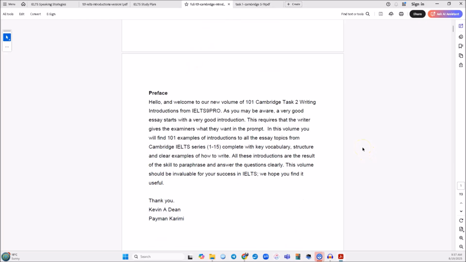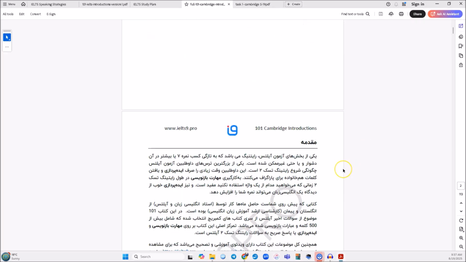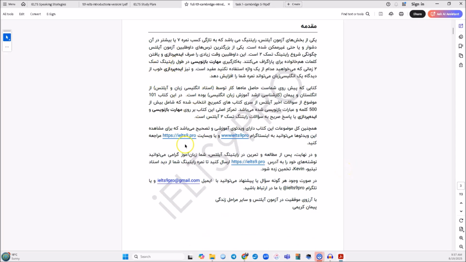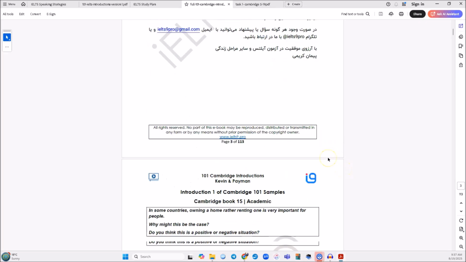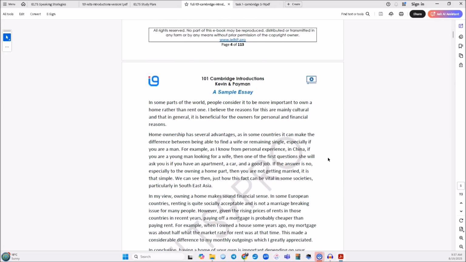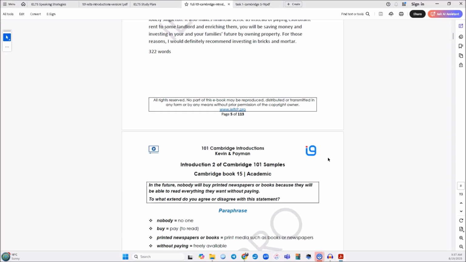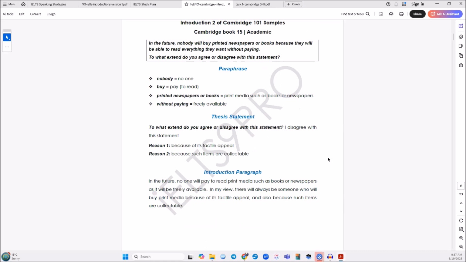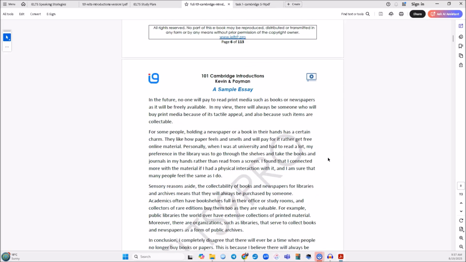101 Cambridge Introductions. This is in Persian, in Farsi, because it was written for the Persian students. Here you can see there's a breakdown of the paraphrasing, the thesis statement, and the introduction, and there's even a sample essay as well.